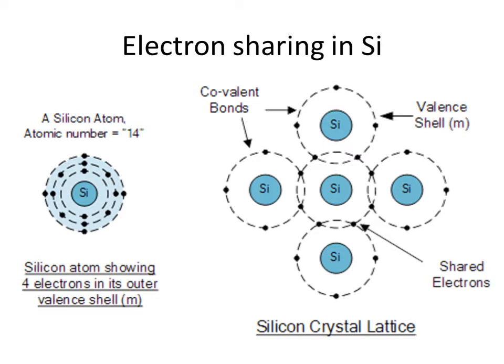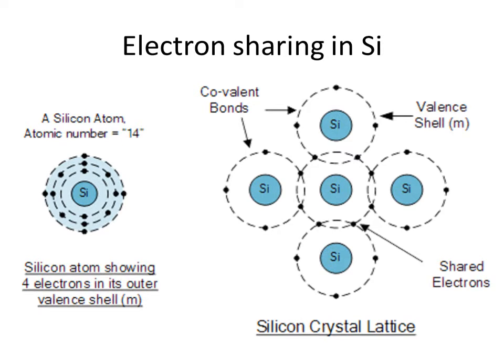All these electrons which are shared between the atoms make covalent bonds, and they are referred to as valence electrons. In terms of energy, they are present in the valence band. But if you can give energy, you can make this electron free.